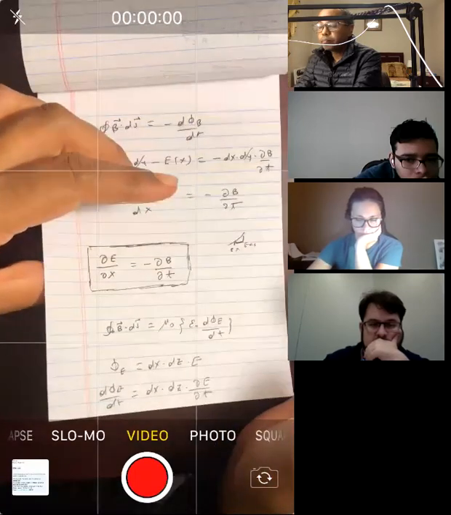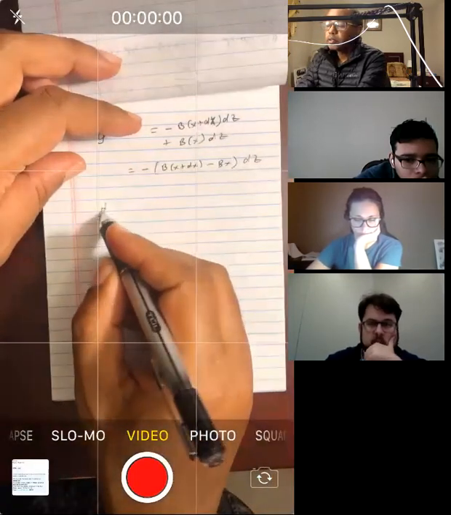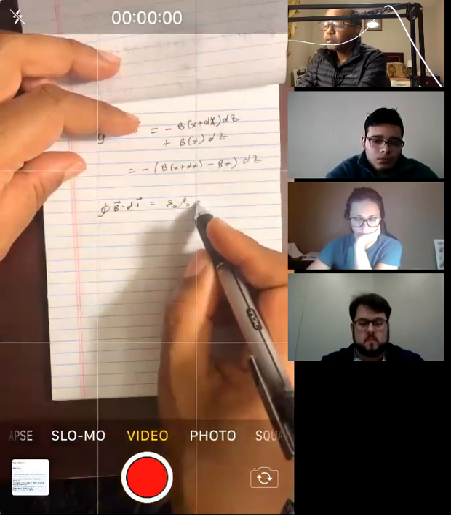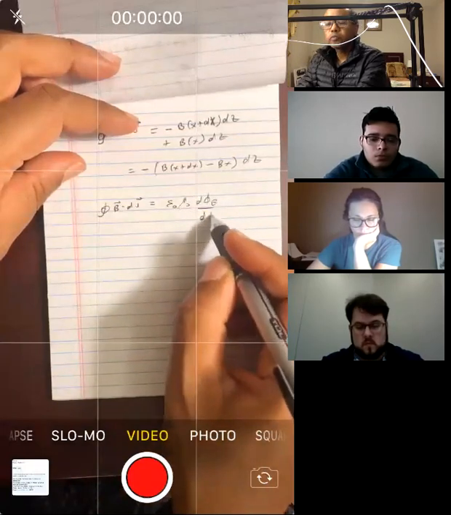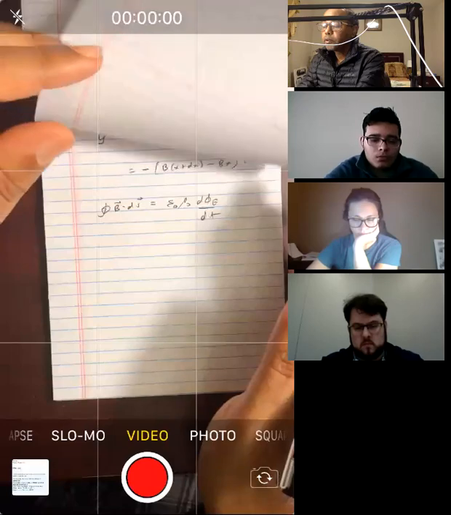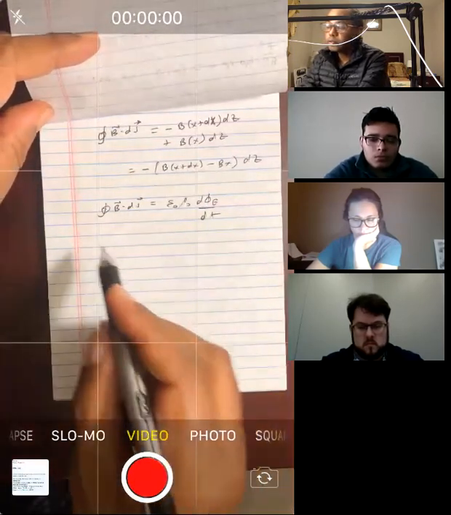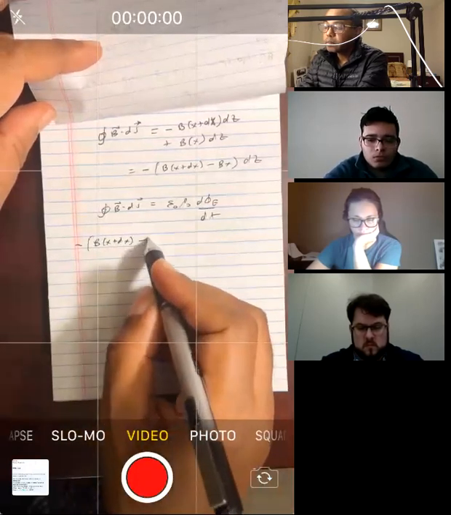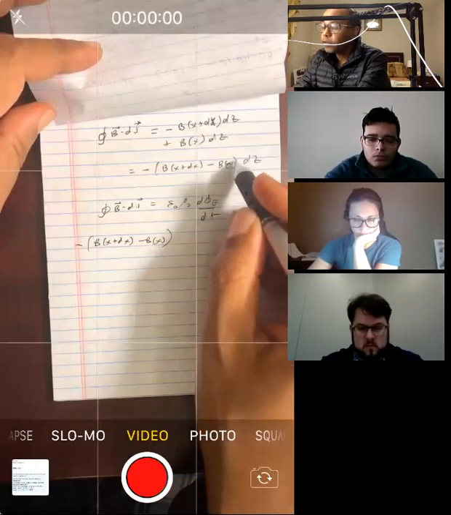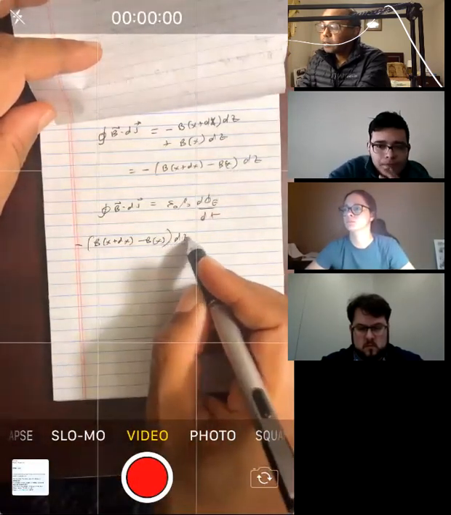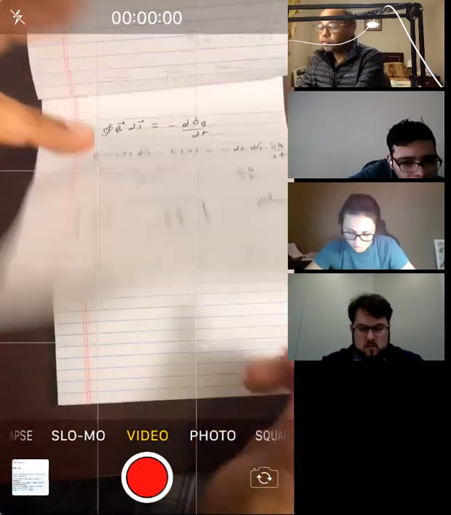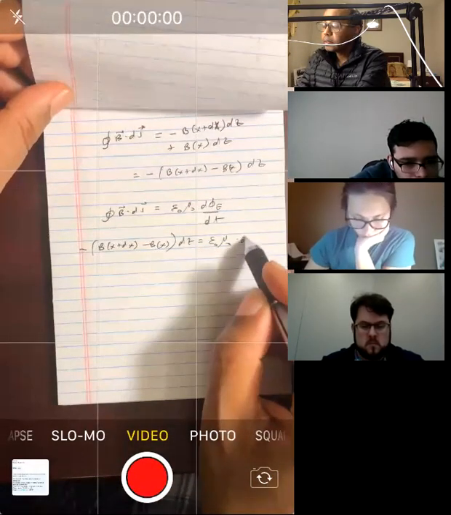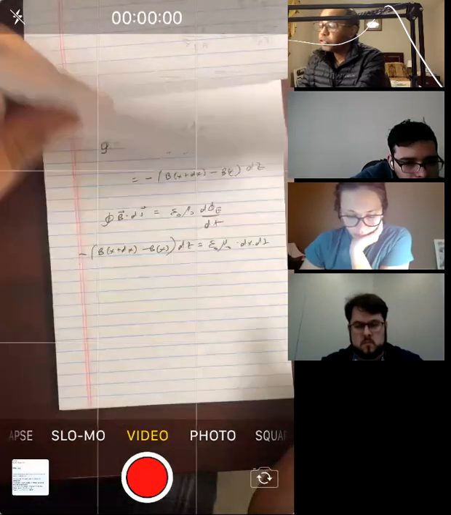Now I'm going to equate both of them. Okay, let's apply this one. This one over here, B dot ds is epsilon mu naught, the derivative of the electric field with respect to time. All right. So the negative of B at x plus dx minus B at x, times dz equals epsilon mu naught, and then the derivative of the field, this one over here, dx dz, and then the partial derivative of the electric field.